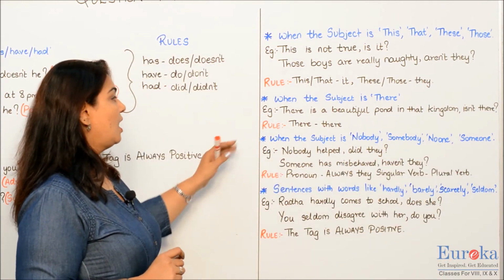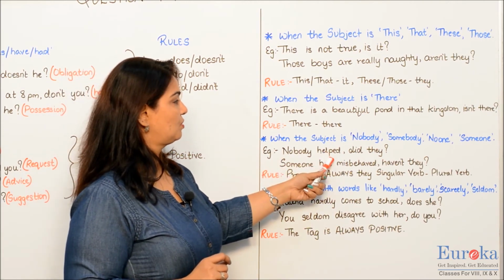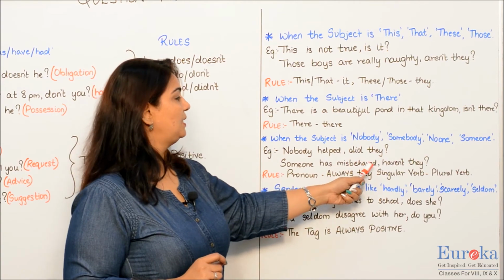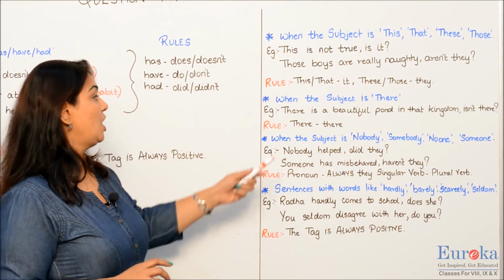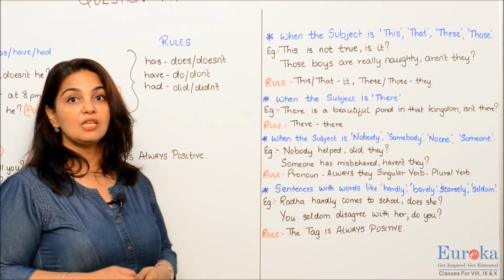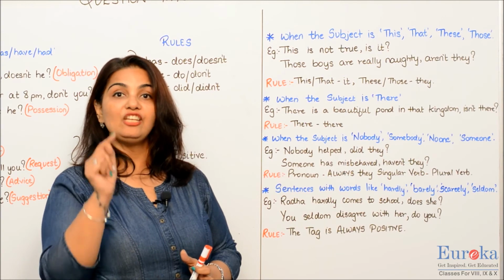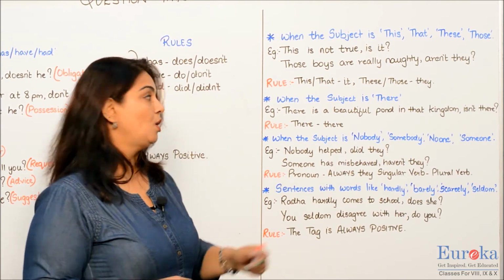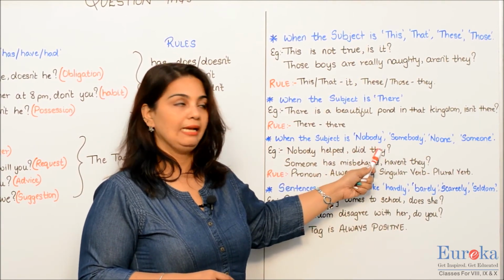Now let's see how we go about these rules. Nobody helped. Did they? Someone has misbehaved. Haven't they? Now over here, when we say nobody, that means we take a group and we denote each person in that group saying that nobody has helped. So the question tag will end with a plural they.